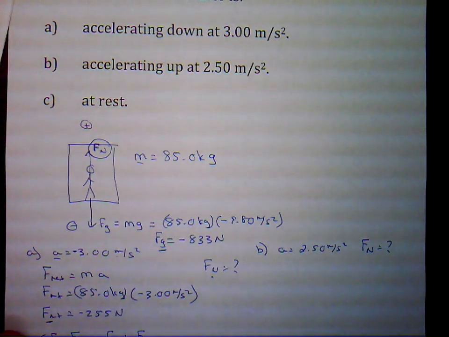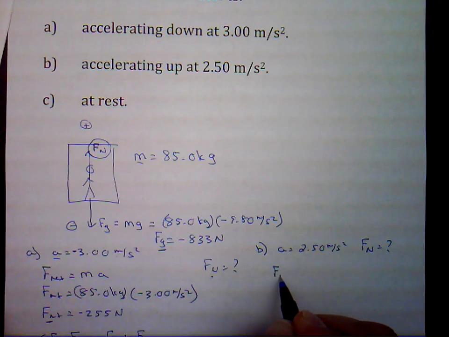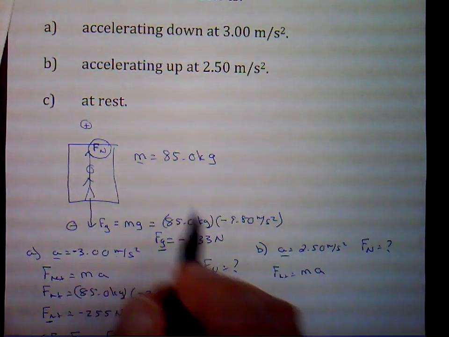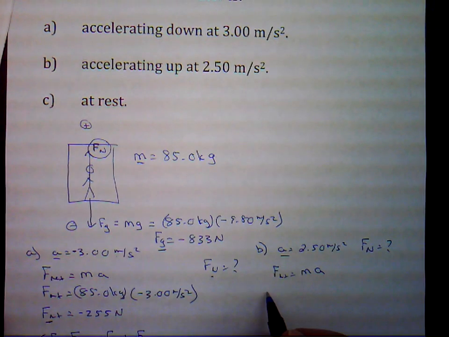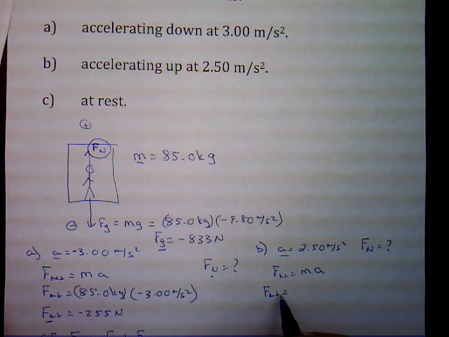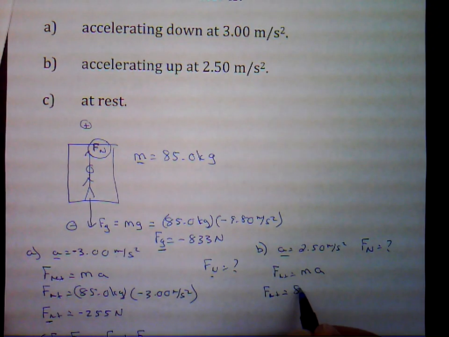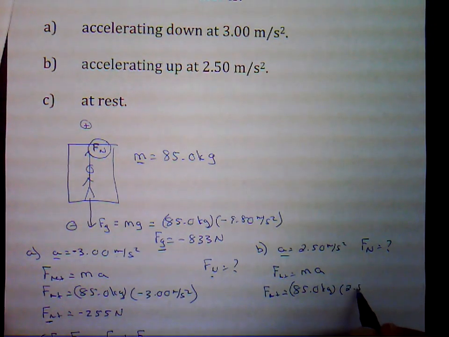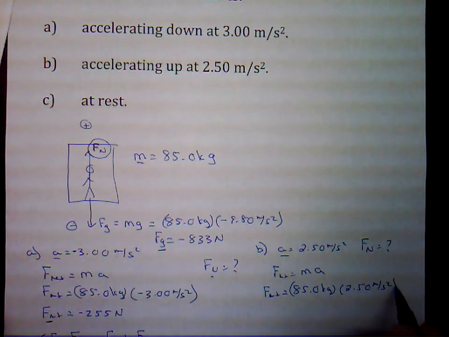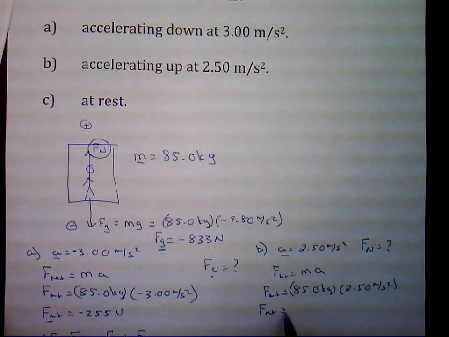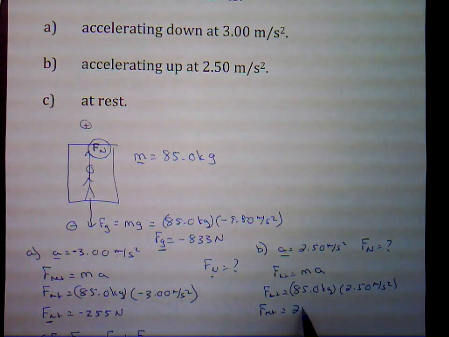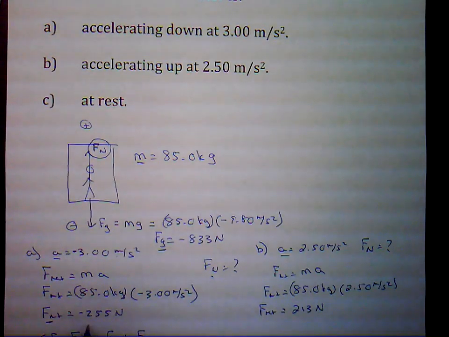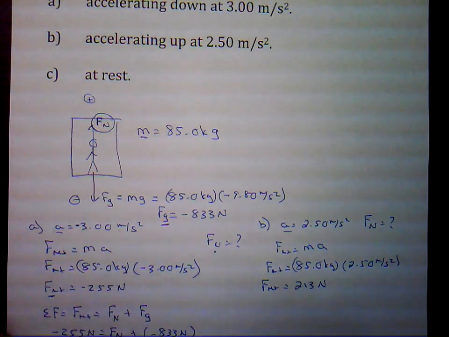We again use Newton's second law. Net force is equal to mass times acceleration. We know the acceleration and the mass is still the same. So net force is equal to the mass of the person, 85.0 kilograms, times acceleration, 2.50 meters per second squared. We get a net force of 213 newtons, and that's a positive 213 newtons as opposed to the other one, which was negative.